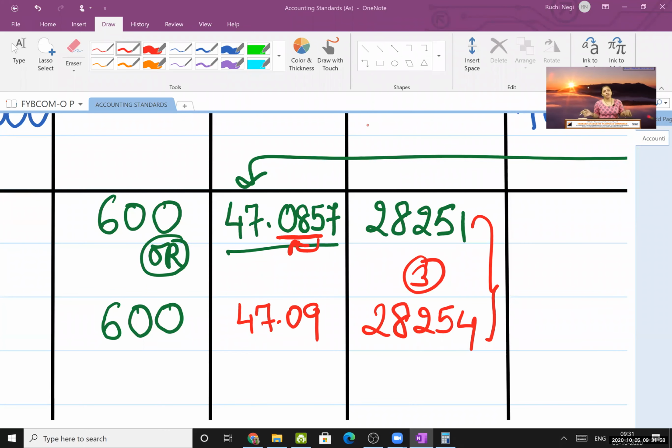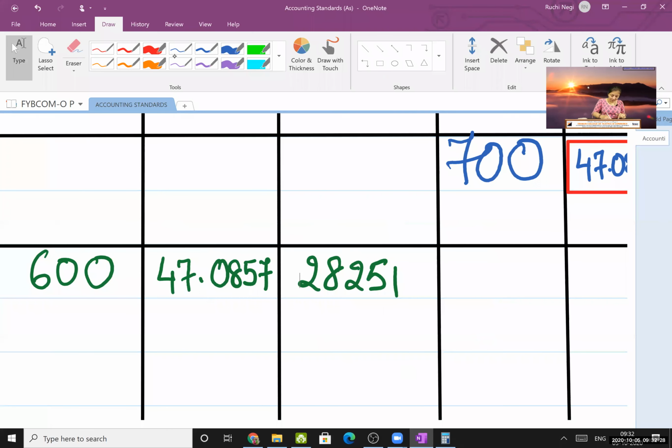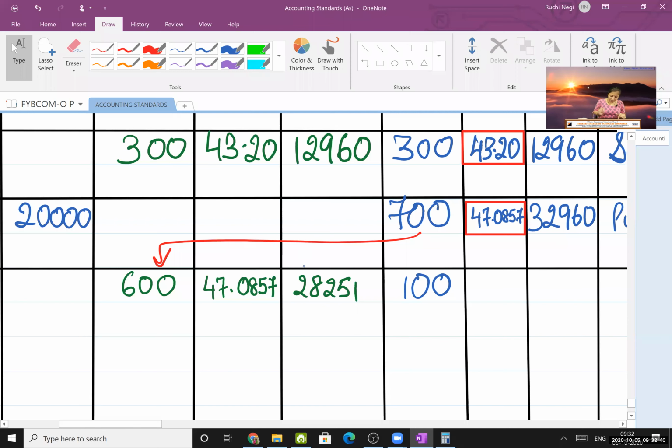Okay. So 28,251, and now this was sales, right? So quantity minus. So 700 minus 600 is how much? 100. Okay. And then amount minus. Quantity minus, amount minus.